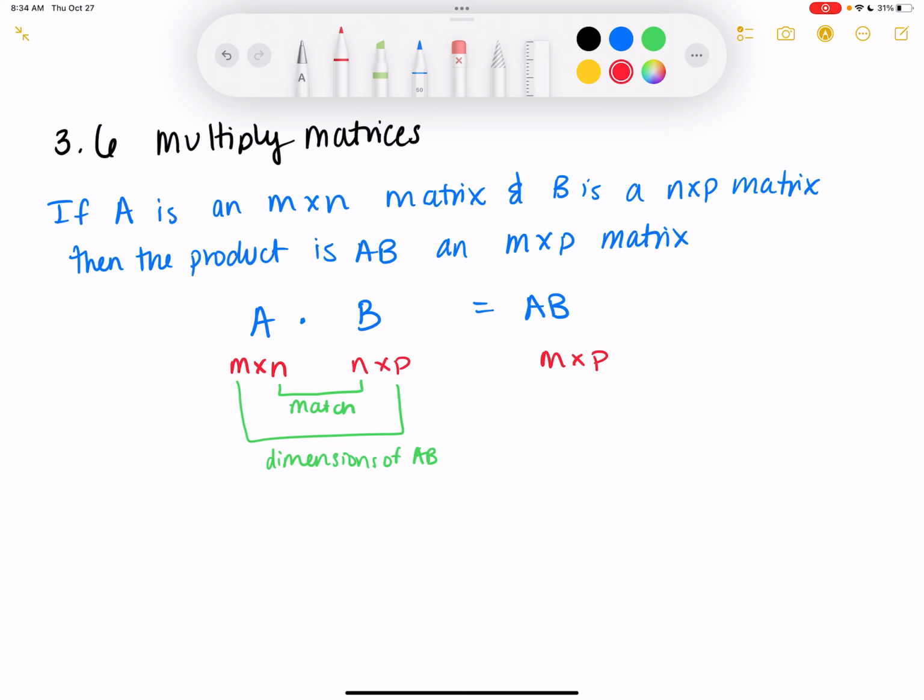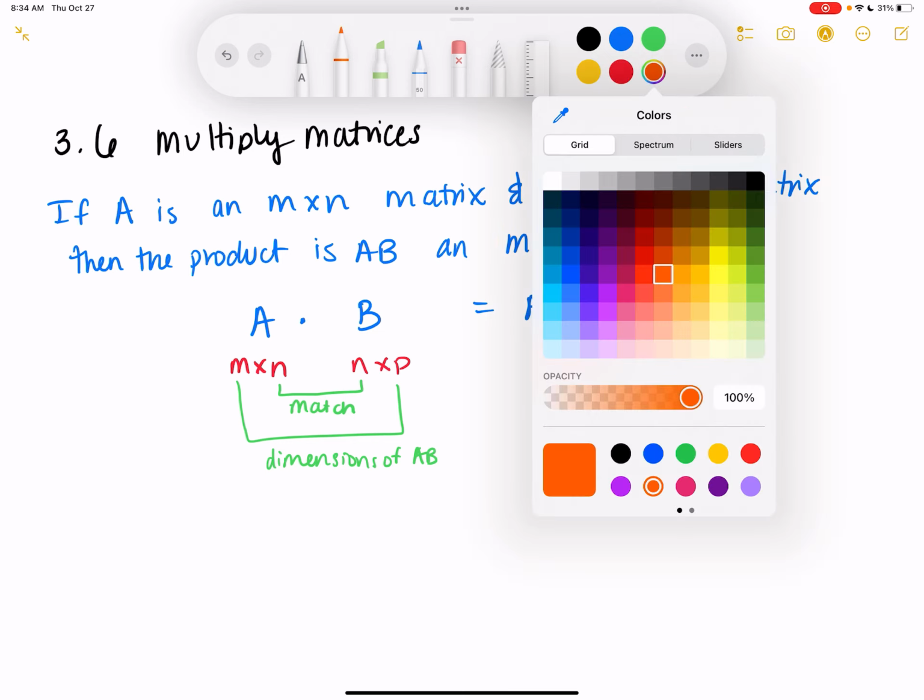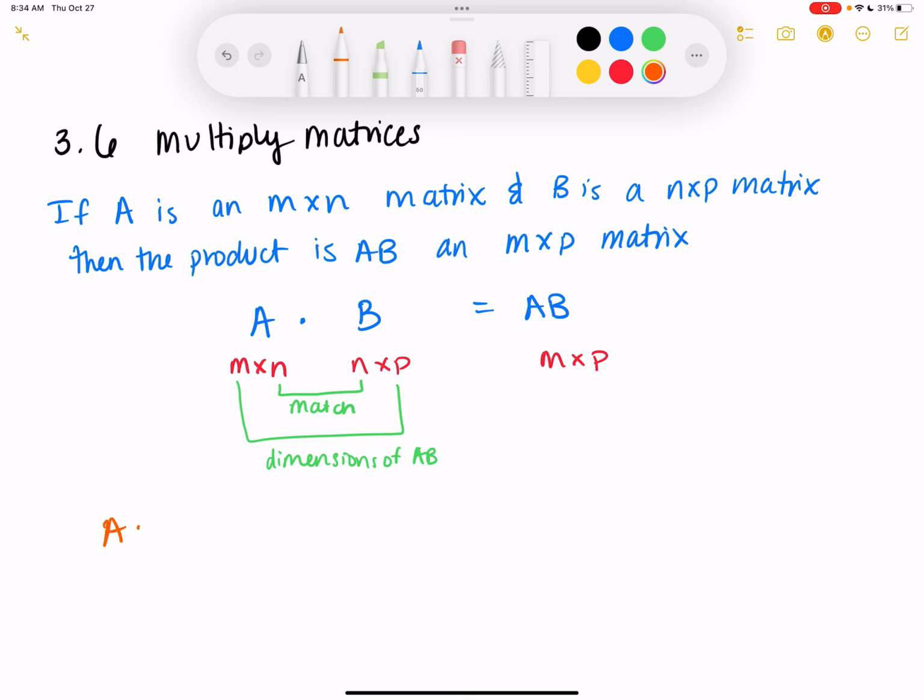So if you had, let's say matrix A was a 4 by 3 and B was a 3 by 2, then you would have a 4 by 3 and a 3 by 2 getting multiplied by each other. Since these two are the same, the result of AB is a 4 by 2 matrix.